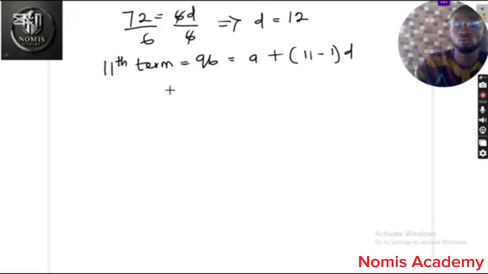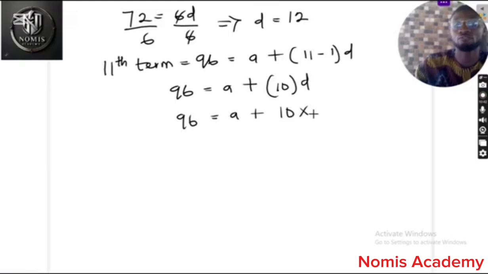So 96 is equal to a, the first term we don't know and we are looking for, plus open bracket 11 minus 1 is 10 close bracket d. So 96 is equal to a plus 10 multiplied by the common difference we got, which is 12. So that becomes 96 equals a plus 10 multiplied by 12 is 120.